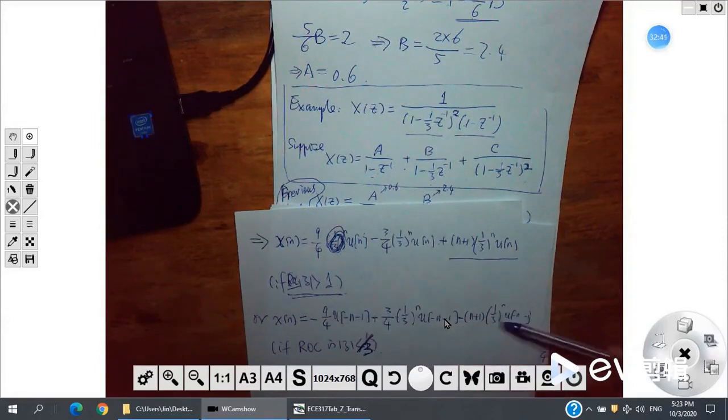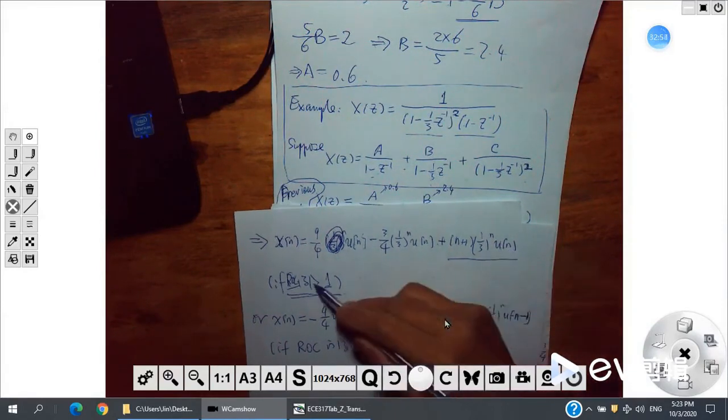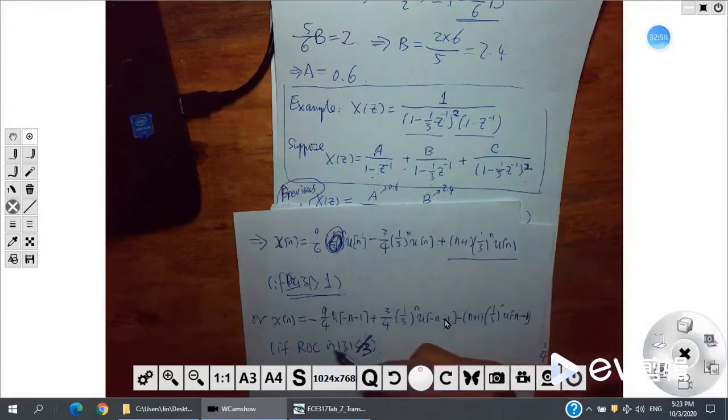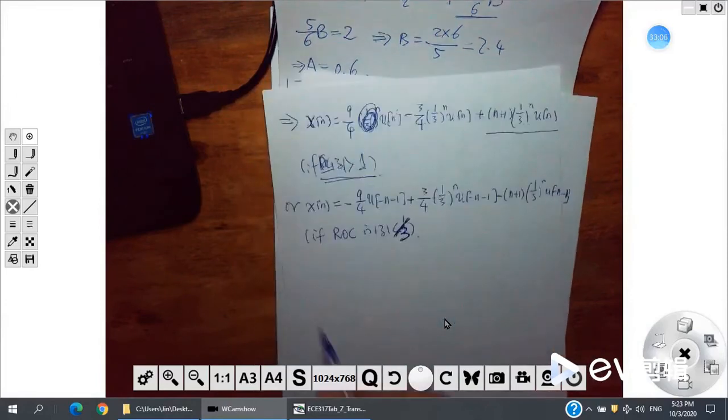This is n plus 1 times 1/3 to the n. And then the u. For z larger than 1, the index is n. For z smaller than 1/3, it is negative n plus 1. Alright.